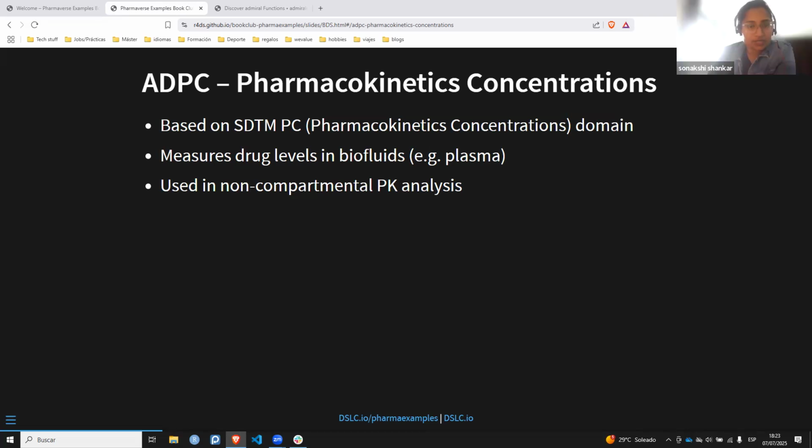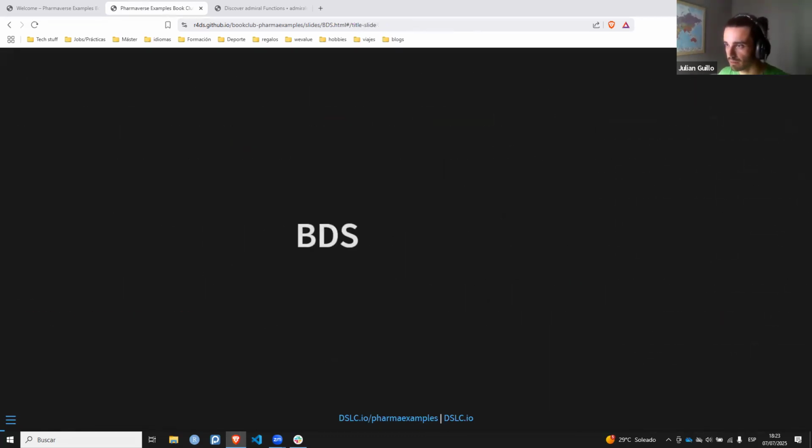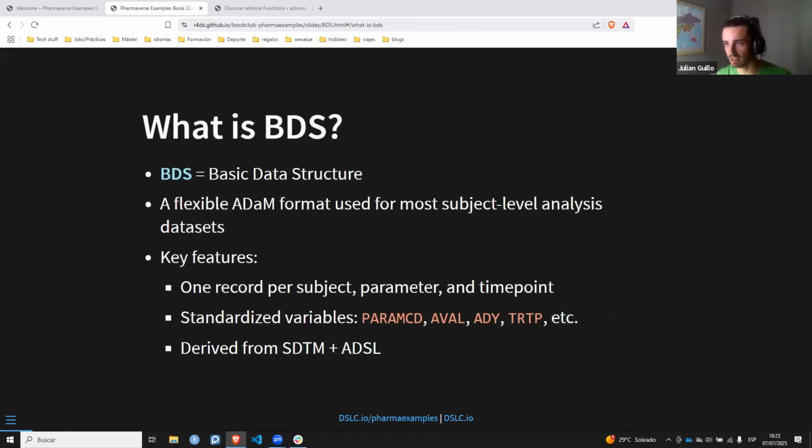Maybe there we can step in, Julian, if you like. In this case, as I told it here, this is the subject level analysis, but you are going to have more than one row per subject. You're going to have one record not only per subject, but per subject, per parameter you're measuring, and per time point.